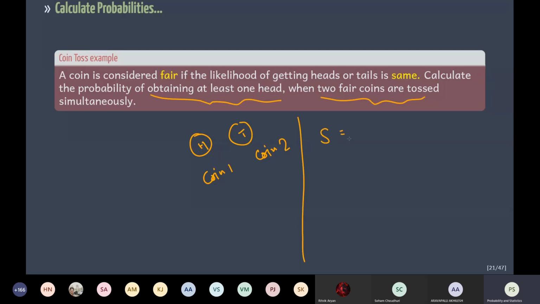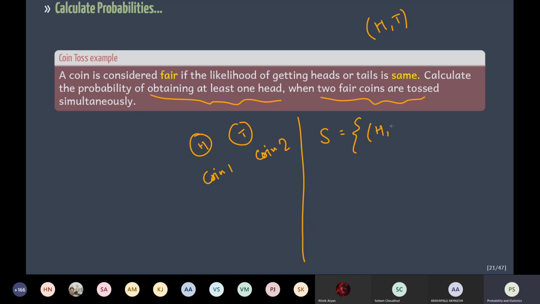Since you are tossing two coins, the outcomes are paired, so you have to consider pairs of outcomes. What are the possibilities in the sample space when you toss two coins simultaneously?